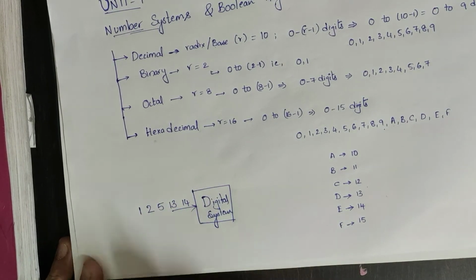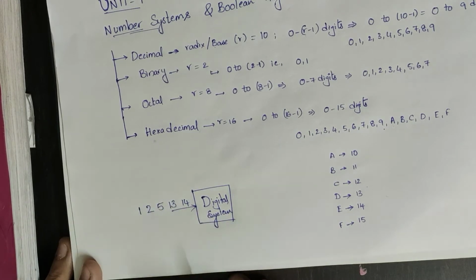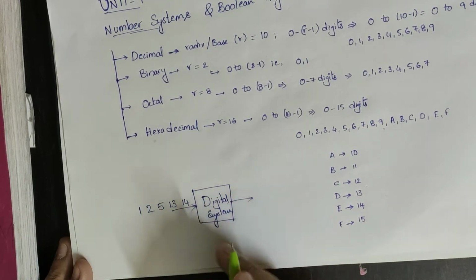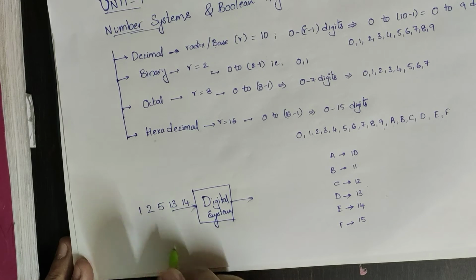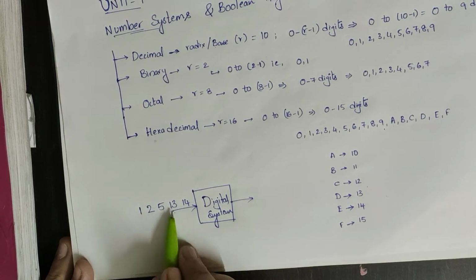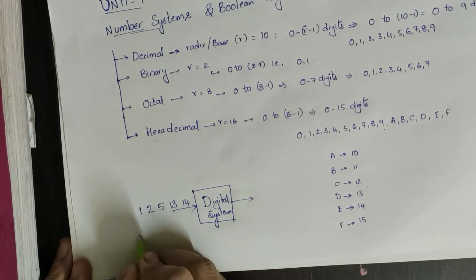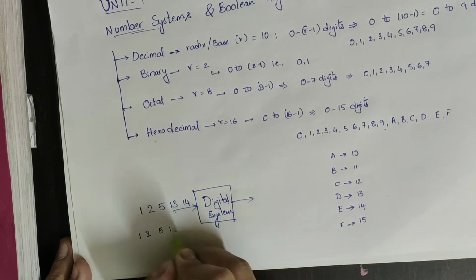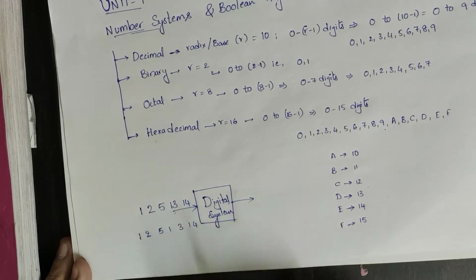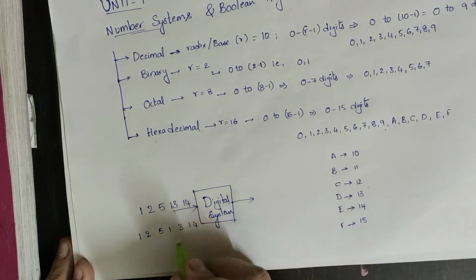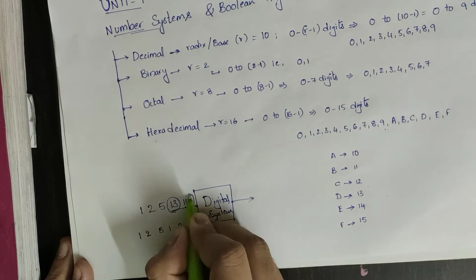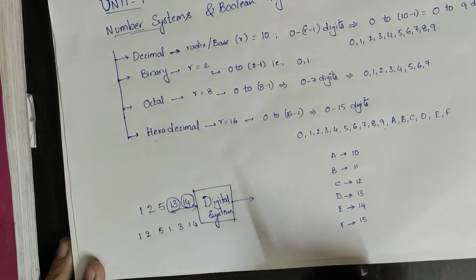This is the input that I am passing to my digital system. How does the digital system process this? If it is considering these 2-digit numbers as they are, then no problem. Instead, if it is considering them as 1, 2, 5, 1, 3, 1, 4, then the problem arises, isn't it? So when you have a 2-digit number, it is difficult for the digital system to process.